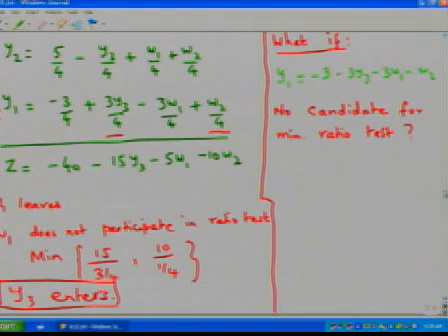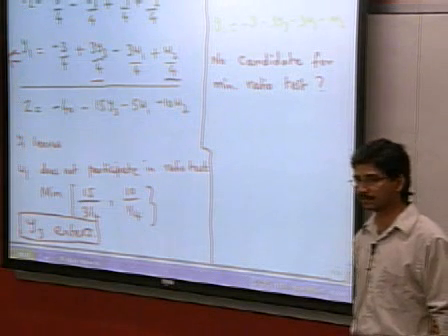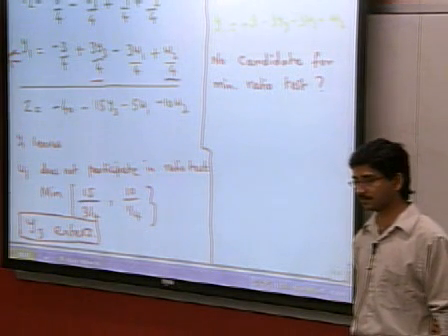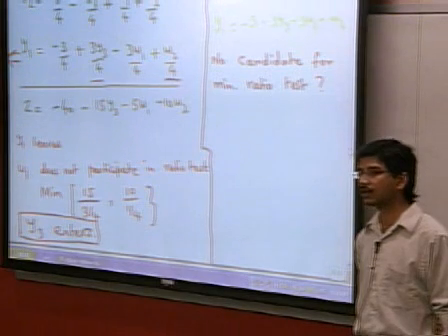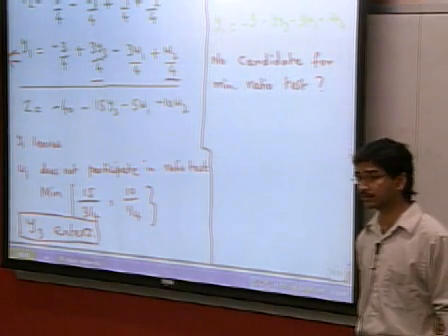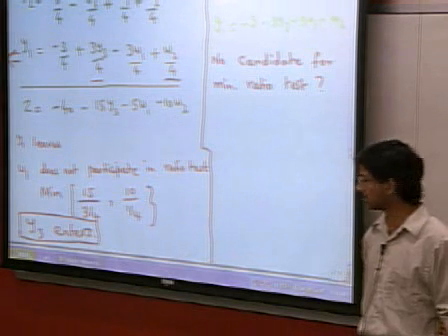Is it possible for a leaving variable to become a basic variable again after some iteration? Yes, it is possible.